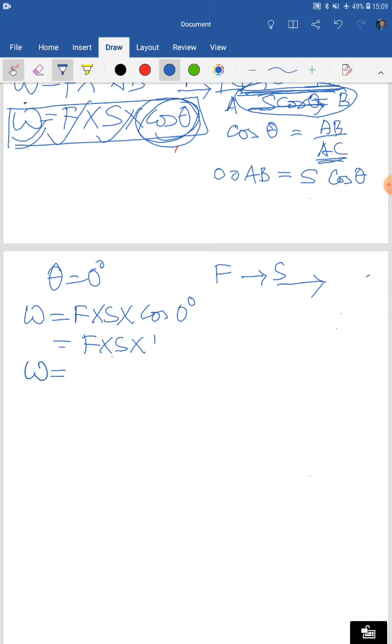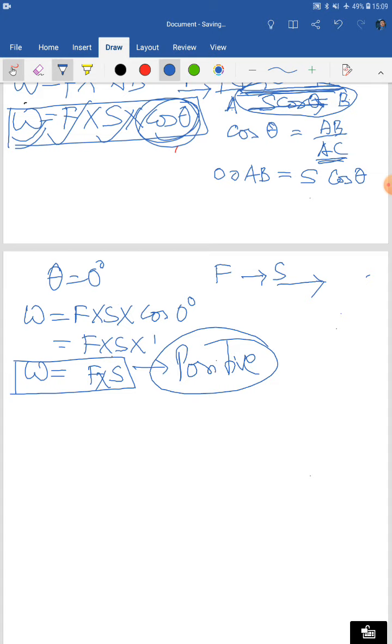So I'll get W is equal to F into S. This is the first equation that we have already learned, and this is taken to be positive. So work done is positive when the angle between the direction of force and the displacement is 0 degree. Now what happens when theta is 90 degree?